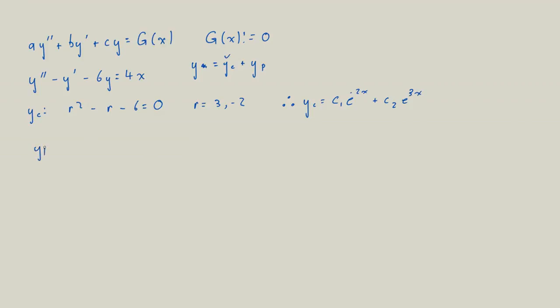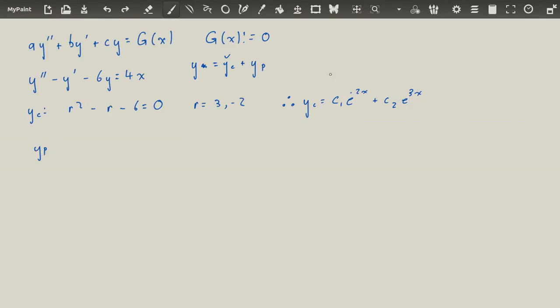So yp is going to take the polynomial form, because 4x is a polynomial. So that means that yp is equal to ax plus b.